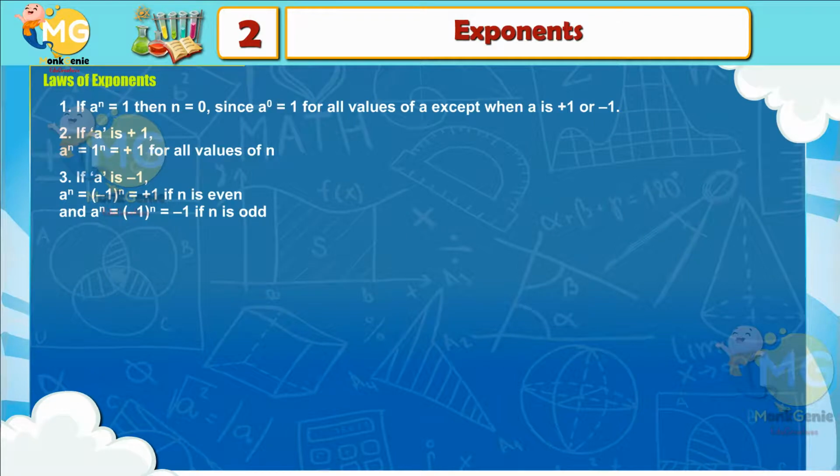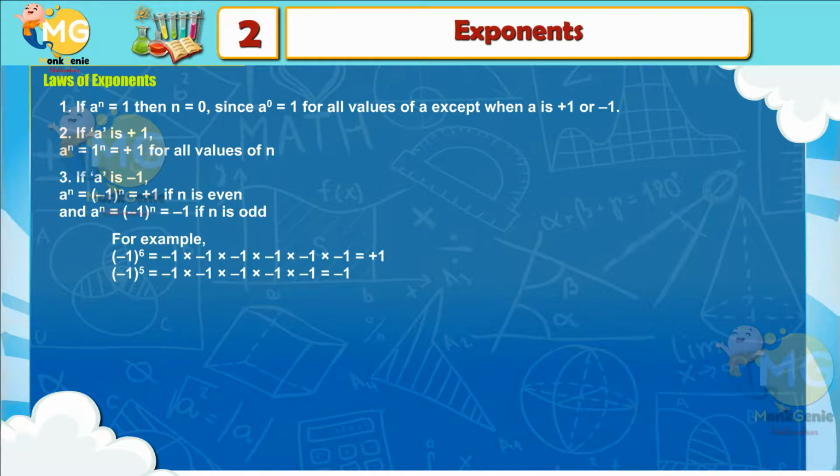If a is minus 1, a^n is equal to (-1)^n, which is equal to plus 1 if n is even, and equal to minus 1 if n is odd.